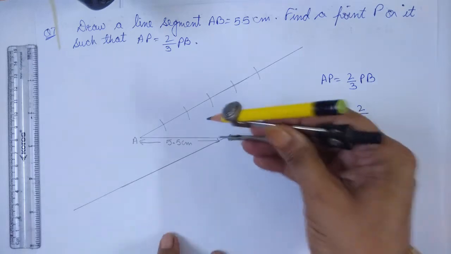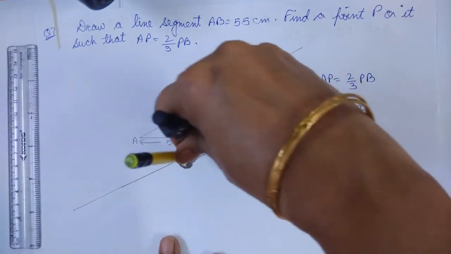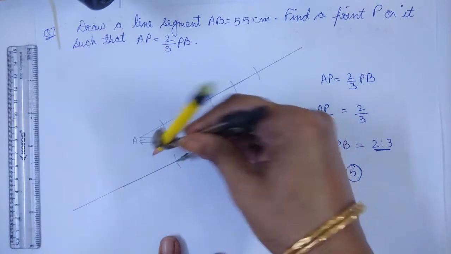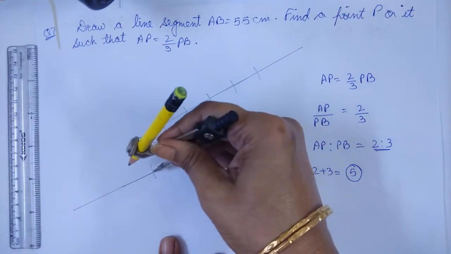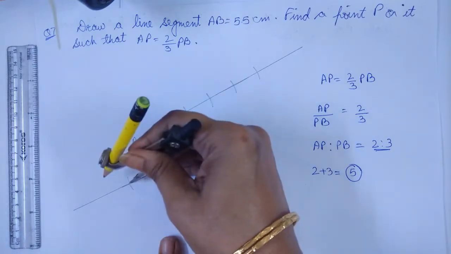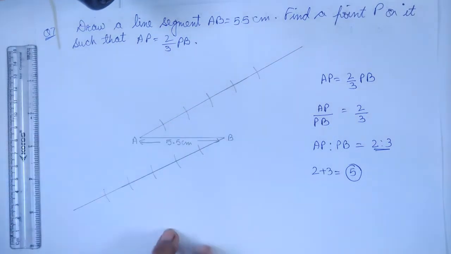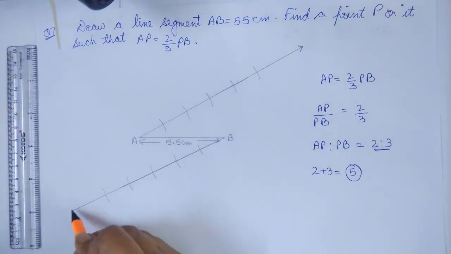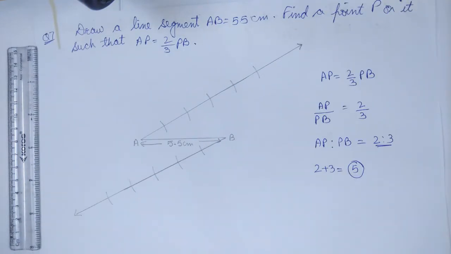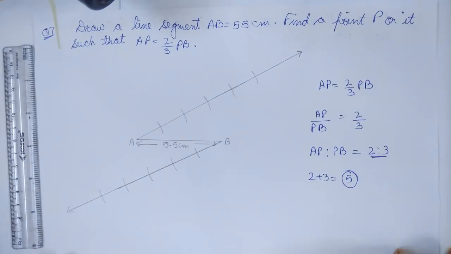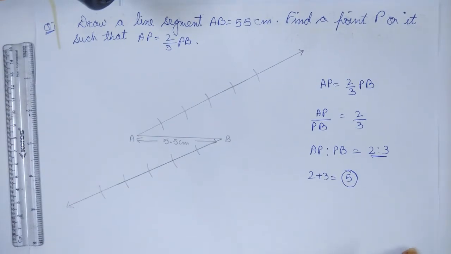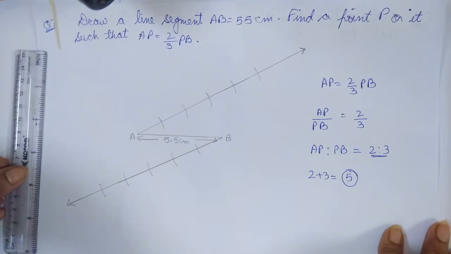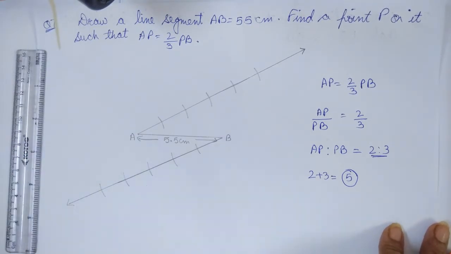With this same measurement, you will keep the compass needle on point B and make the arcs. 2, 3, 4 and 5. Remember, if you do not take the divisions equally, then you will get the answer wrong. So this thing you have to be clear in your mind.